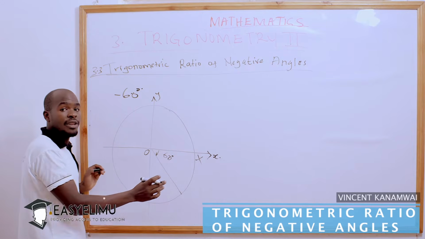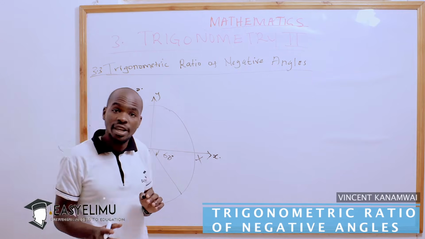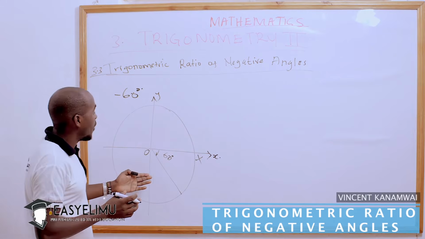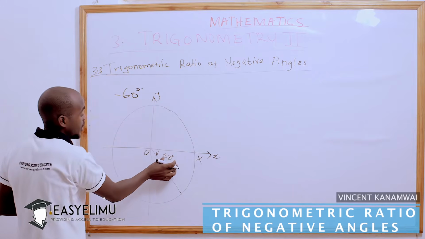The negative sign was to show us in which direction we should move. For ours, it was to move clockwise, and we find that one.